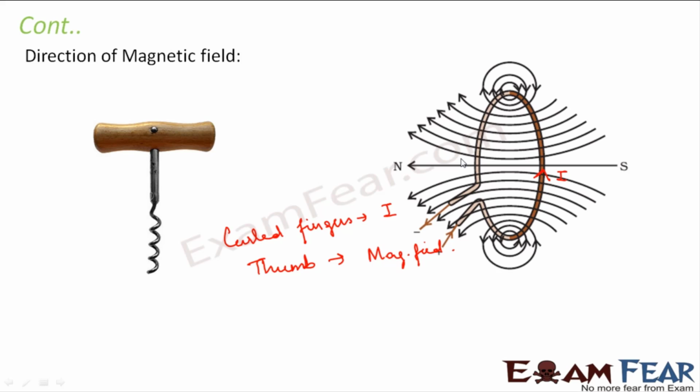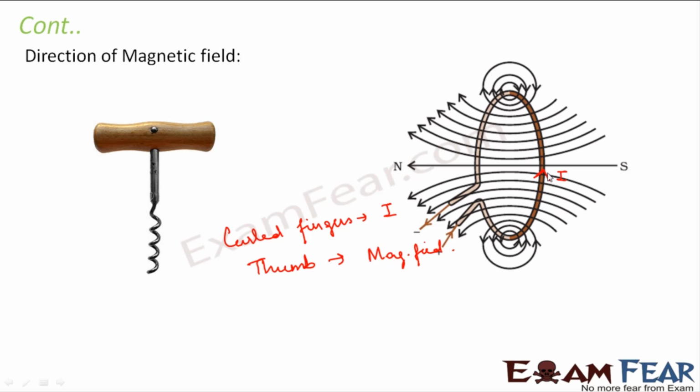That means the thumb is pointing perpendicular to the plane of this circular loop. So what would be the direction of magnetic field? The direction of the magnetic field will be perpendicular to the circular loop and upwards, right? Similarly, if this current is in clockwise direction, your fingers will curl like this and the magnetic field will be pointing in the downwards direction.